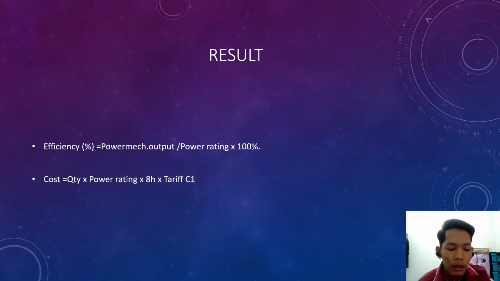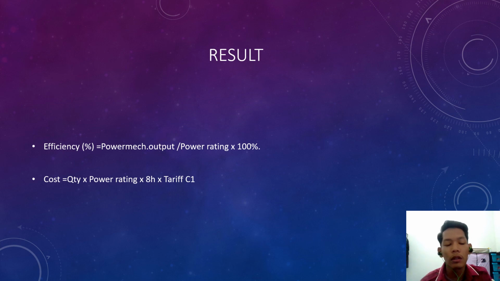As for the result, this is the formula that was used to calculate the efficiency of each pump and the total cost. To calculate the efficiency of each pump, the mechanical power output is divided by the power rating and multiplied by 100%.